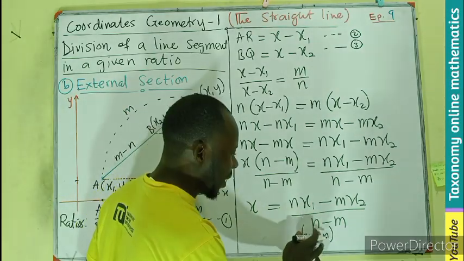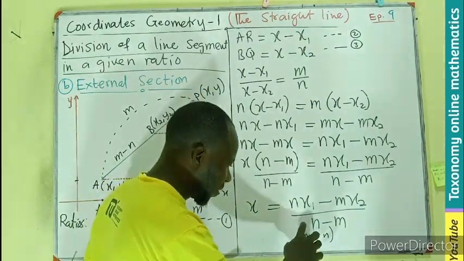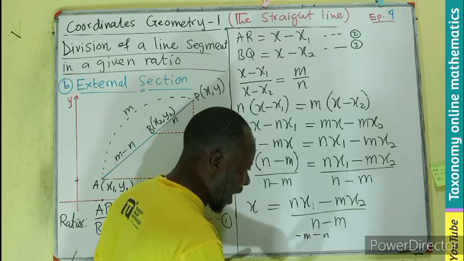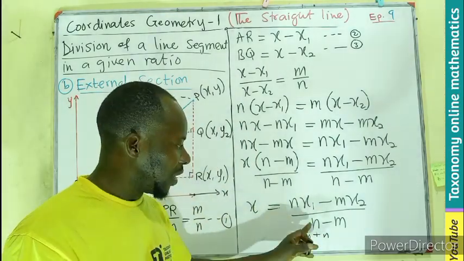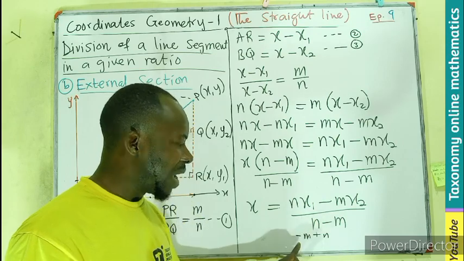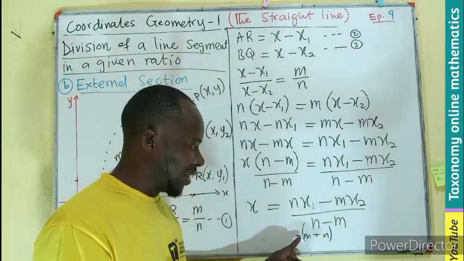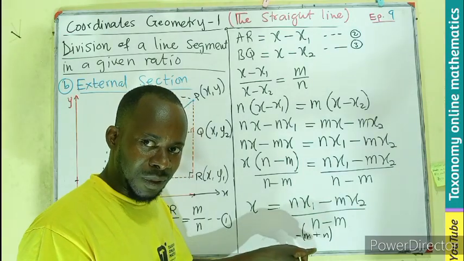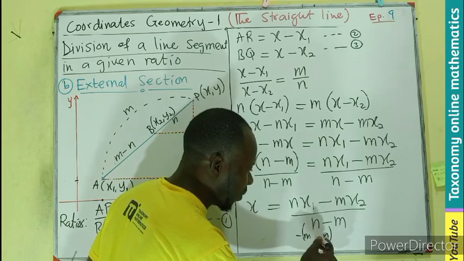So I have to indicate here to be negative. First, I am only changing their position. This is positive n, negative m. But if I introduce a bracket, then this negative will have effect with the positive m to become negative, and with the positive n to become negative.